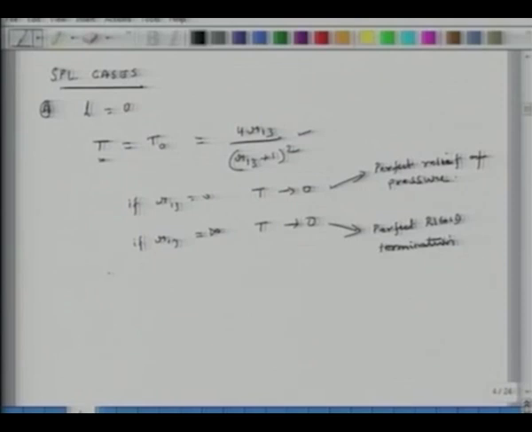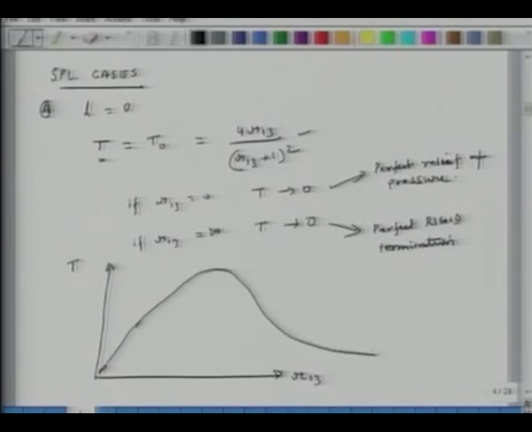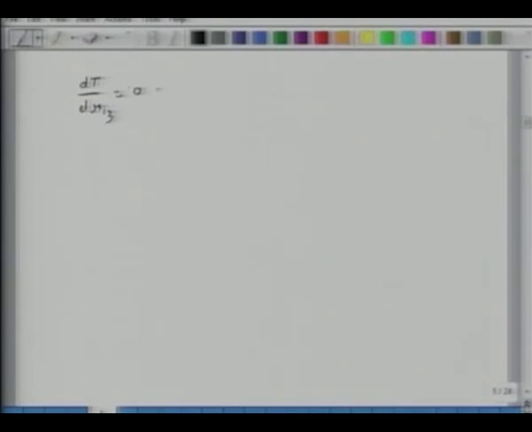And if I plot this against R13, this is my T. Then my curve looks something like this, and this is T max, and this is 1. For R13 equals 1, I get the maximum value T max, and I can find that also analytically by doing dT/dR13 equals 0.